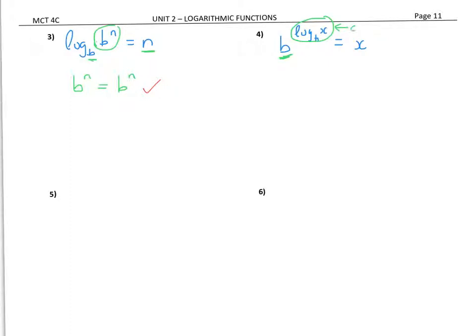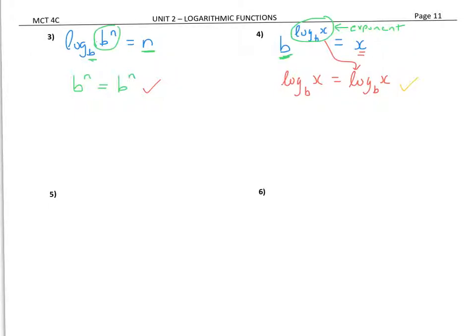Rewriting in logarithmic form, the log with a base of b of the answer x would equal our exponent, which is the log of x with a base of b. And there we have another true statement. So this is something that's always true. Now we're going to use some of these in our next proofs.